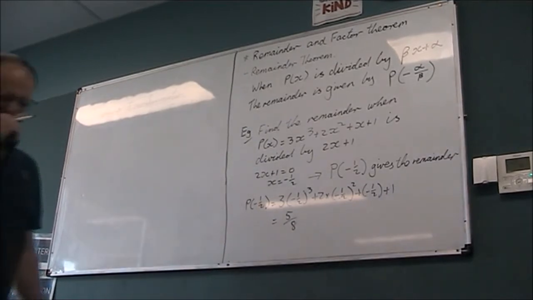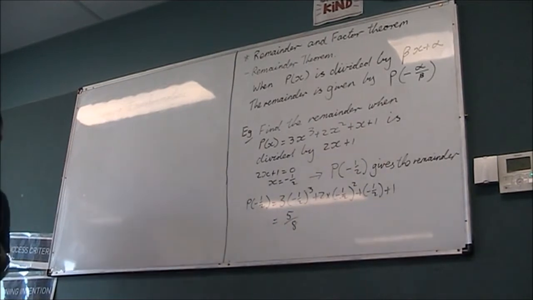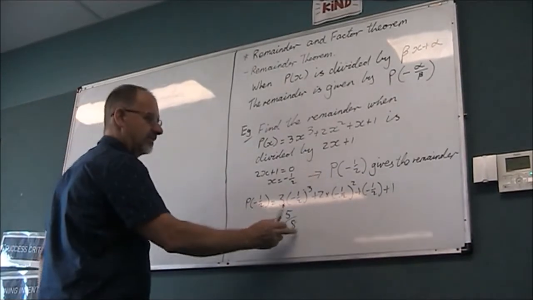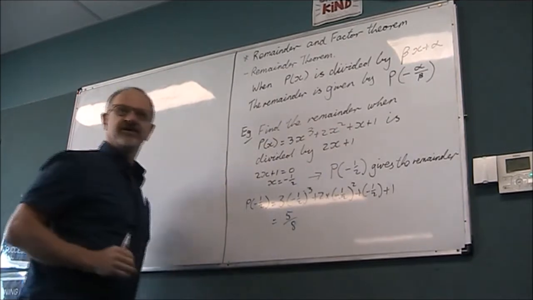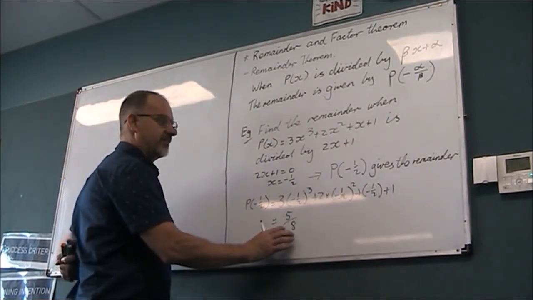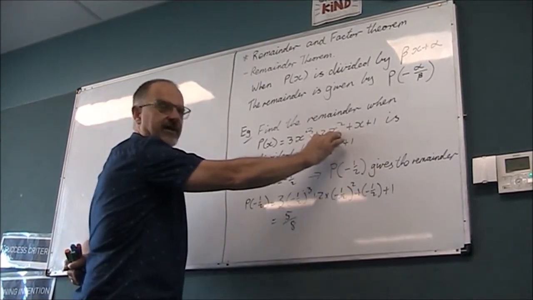Wouldn't the remainder be 1? Because that's the only number that's not being multiplied by x. So what this is saying is that we've got a remainder, so that doesn't go in evenly. The remainder is 5/8, so that tells us that 2x plus 1 doesn't go in evenly.